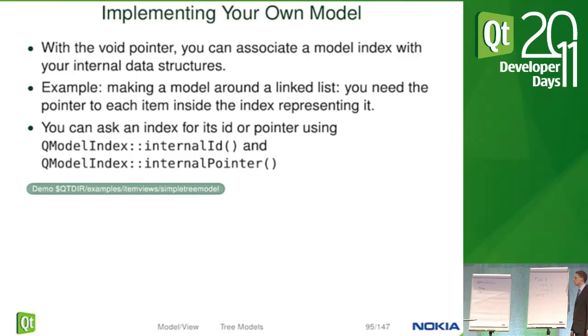Remember, the model indexes are like a fart. You don't keep them around for long. So when I ask for a model index for this one here, it should always give me the same model index. So it has a row, column, and pointer.